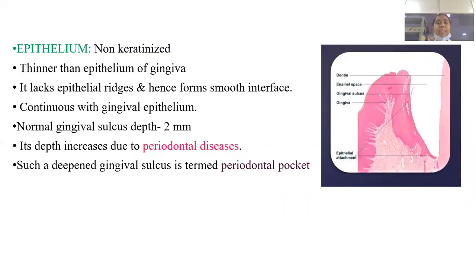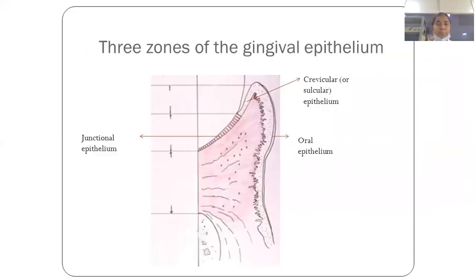Here, the epithelium is thinner than that of gingiva, so it lacks epithelial ridges and hence forms a smooth interface. It is continuous with the gingival epithelium. The normal gingival sulcus depth is 2 mm. Its depth increases due to periodontal diseases, and such a deepened gingival sulcus is termed a periodontal pocket.